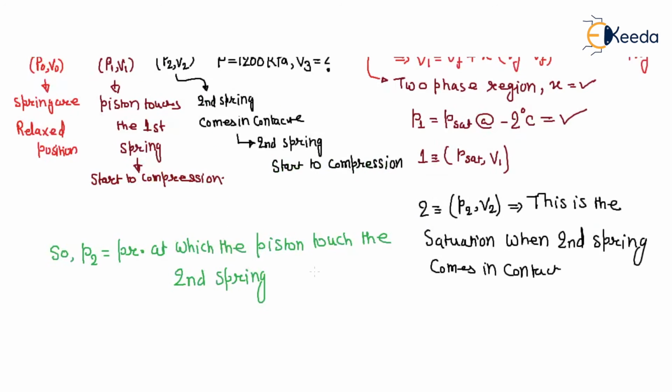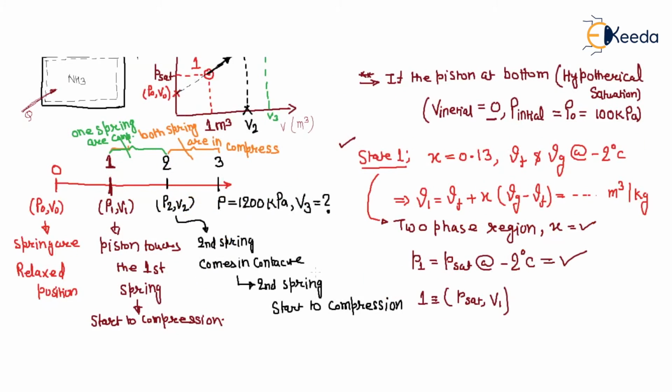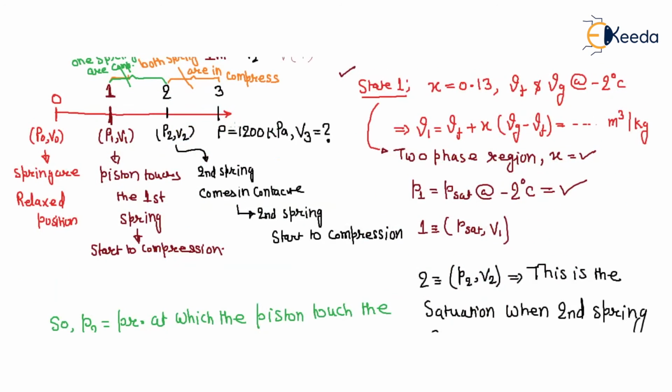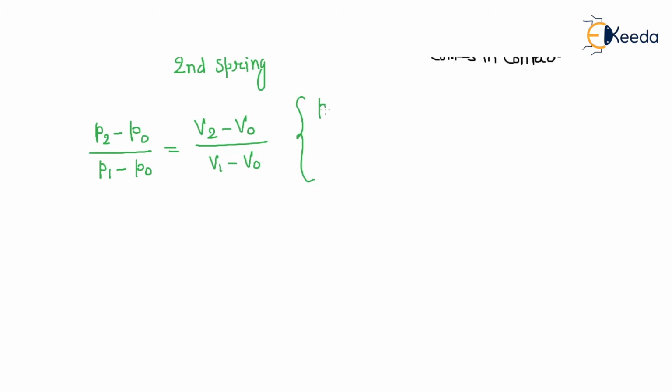So this is point 2. So apply interpolation. So this is P2 minus P naught divided by P1 minus P naught is equal to V2 minus V naught divided by V1 minus V naught.